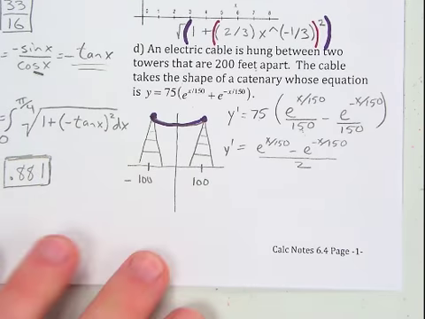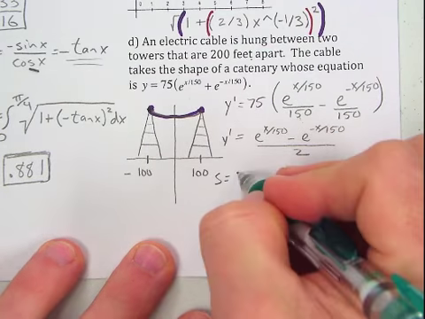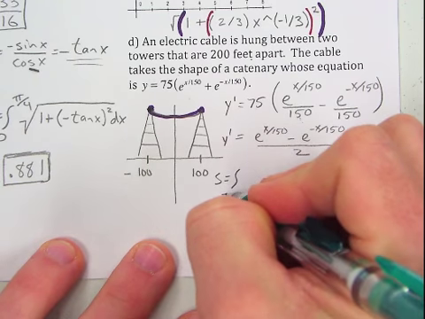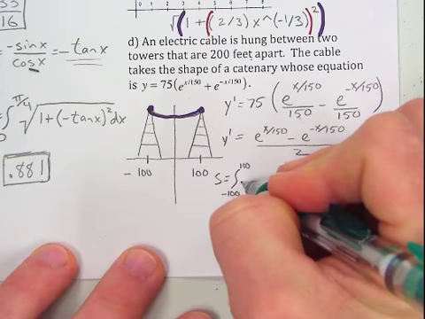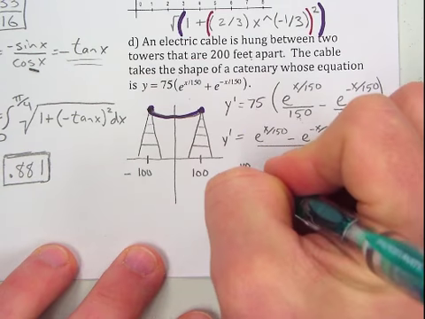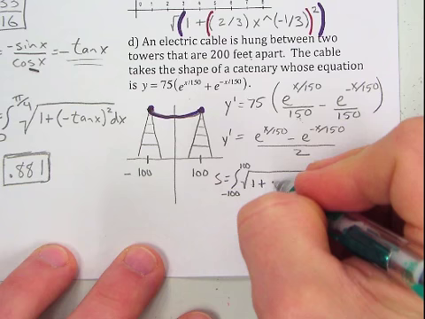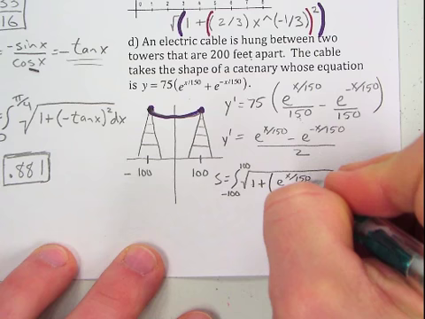So s will be the integral from negative 100 to 100 of the square root of 1 plus the derivative squared. Just put f prime here, or y prime.